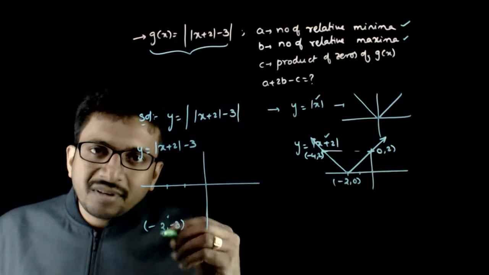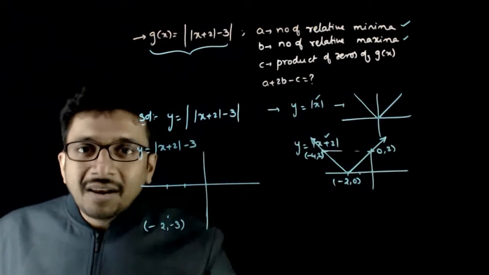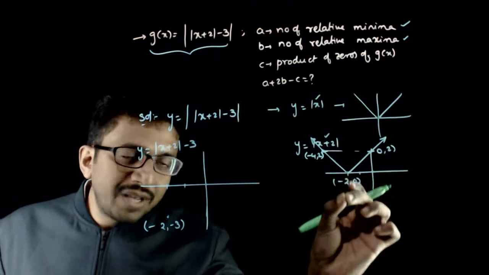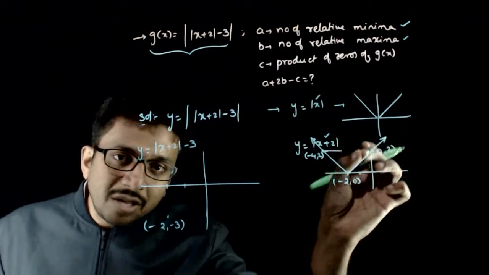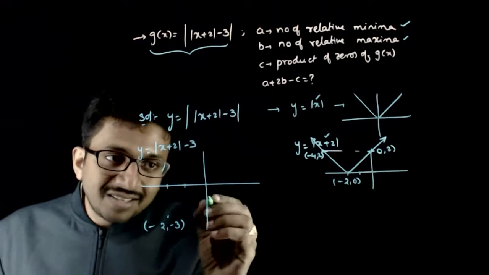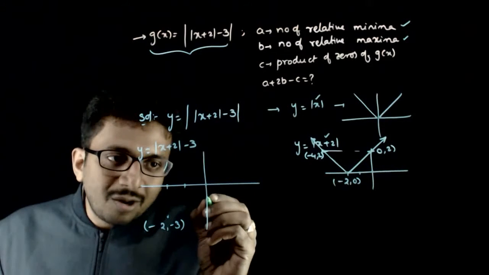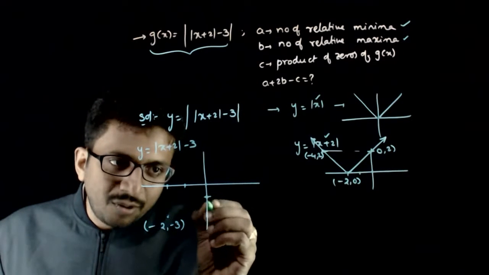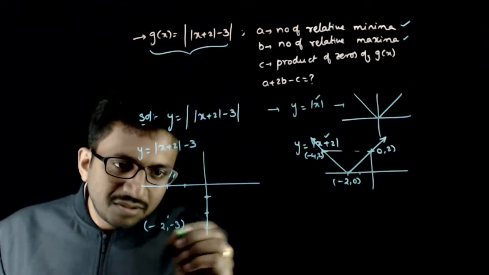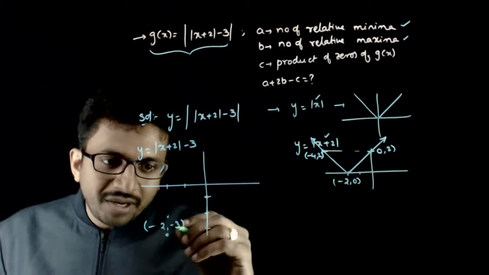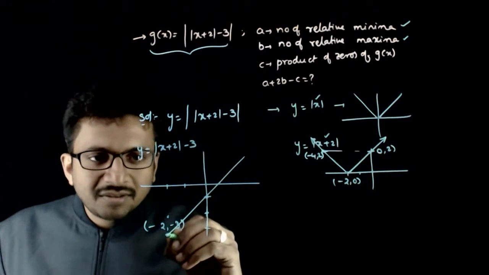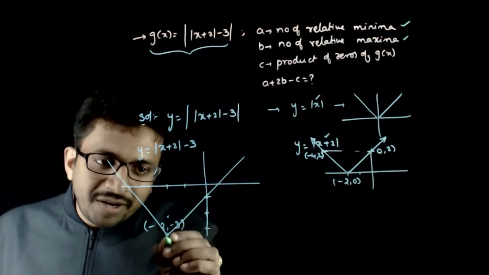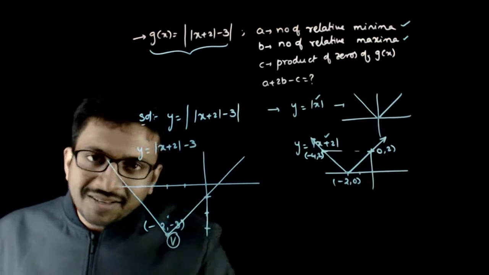Then you have the lines at an angle of 45 degrees itself. If this goes down by 3 units, obviously this point also goes down by 3 units. So where does this point go? 0 comma 2 goes to 0 comma minus 1. So the graph will be something like this. This point is minus 2 comma minus 3, the vertex.